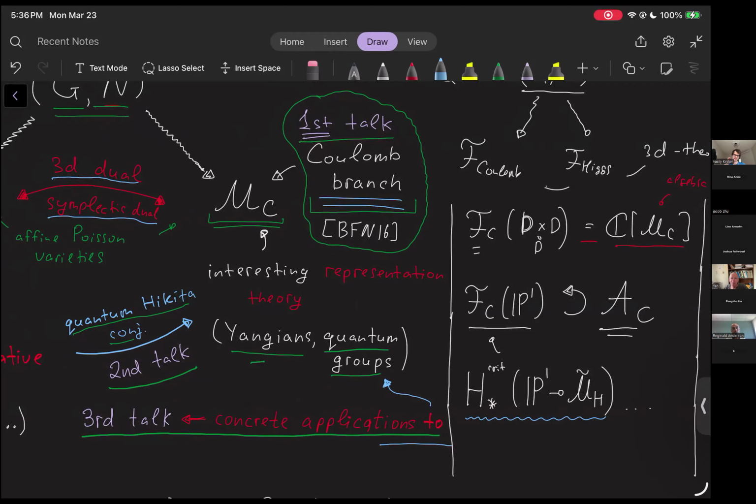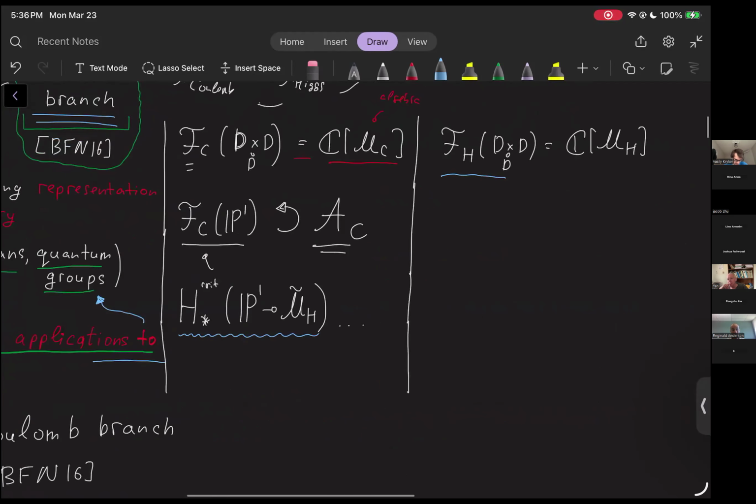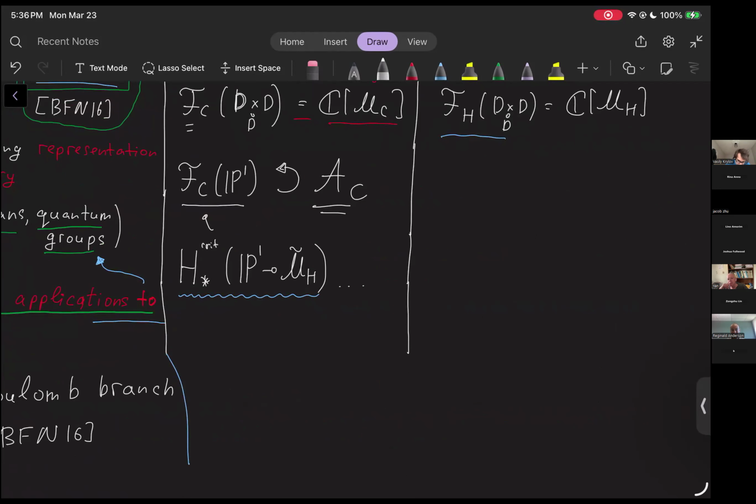Yes, that's different from 2D, for example already just because the dimensions of this M_H and M_C are very, very different. So, for example, T star P^{n-1} is 3D dual to A_2, this Kleinian singularity, C^2 mod Z/nZ.